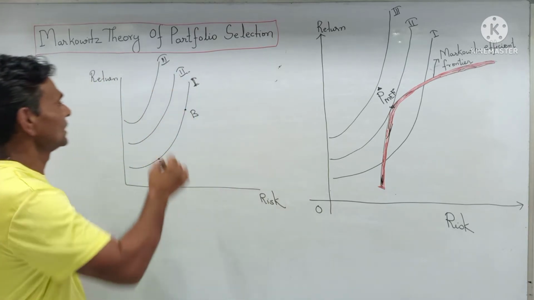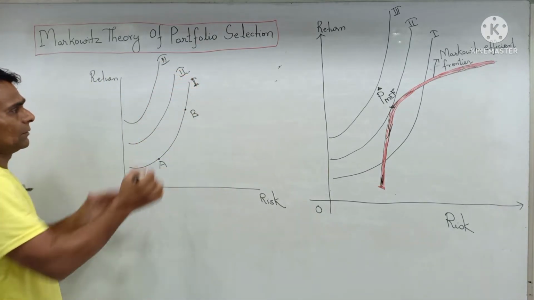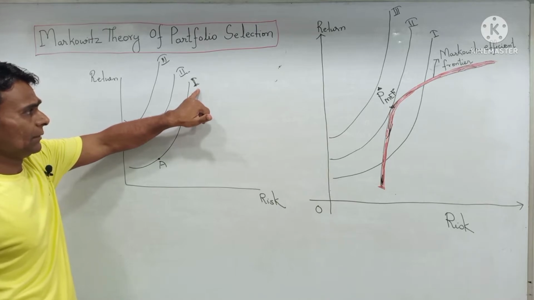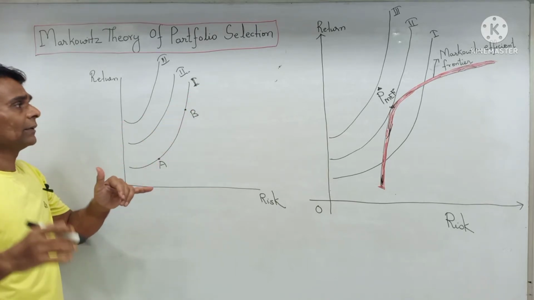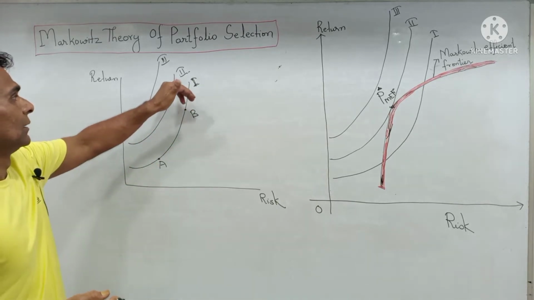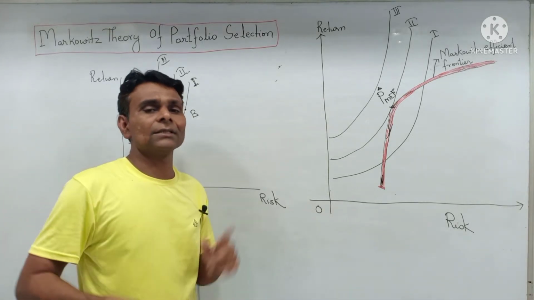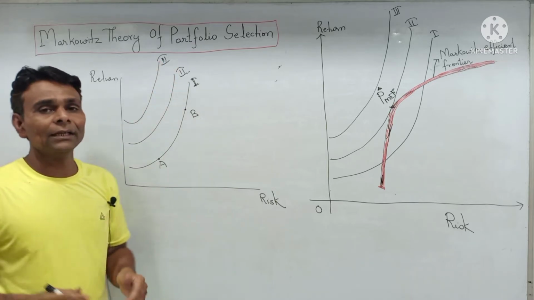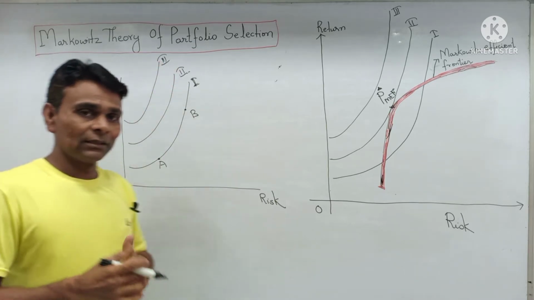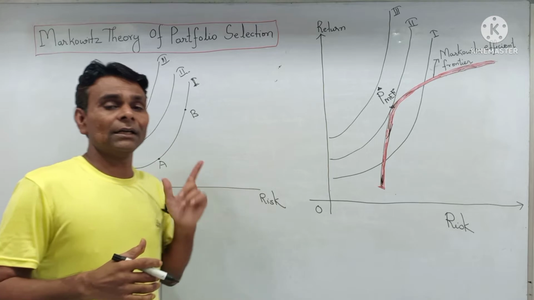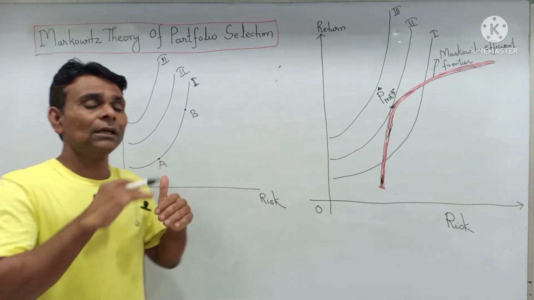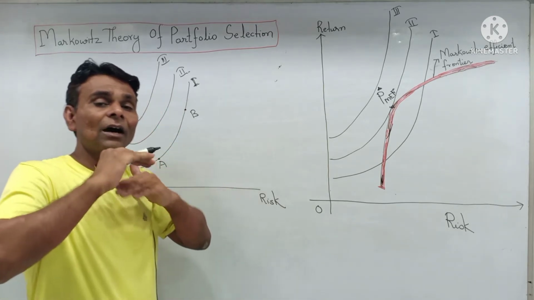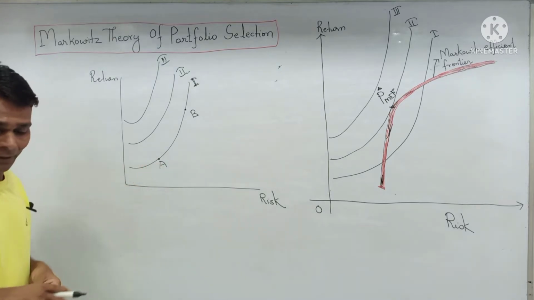That means curve 1 represents a lower level of utility, curve 2 represents a medium level of utility, and finally the highest indifference curve, curve 3, represents in this graph the highest level of utility.